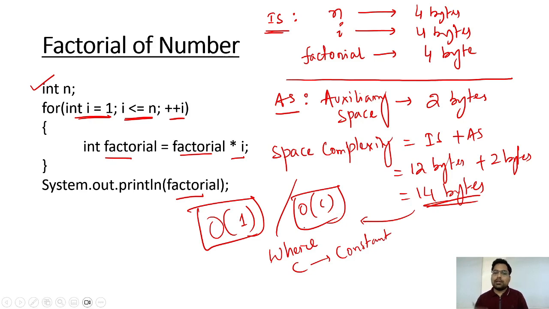If you are representing big O of c instead of 1, there you have to write where c is constant, or if you are writing big O of k, where k is constant.